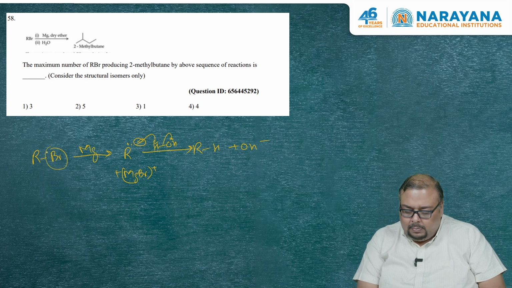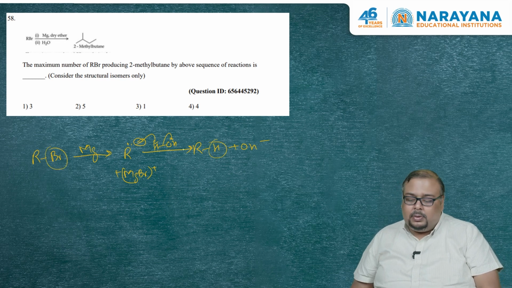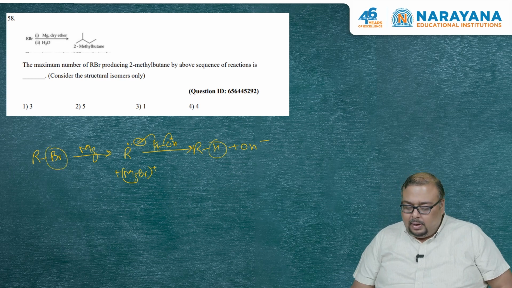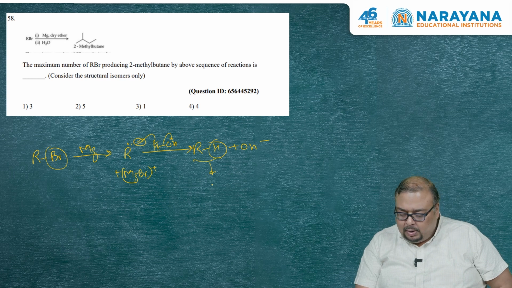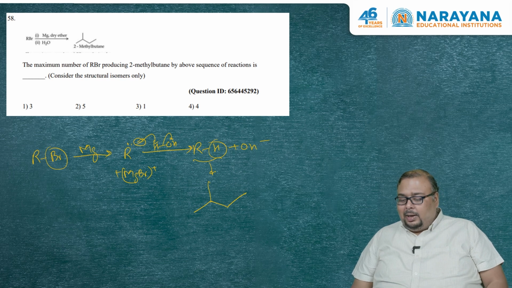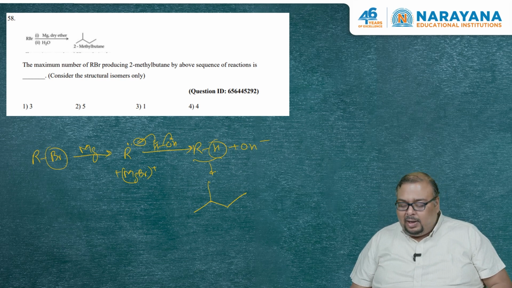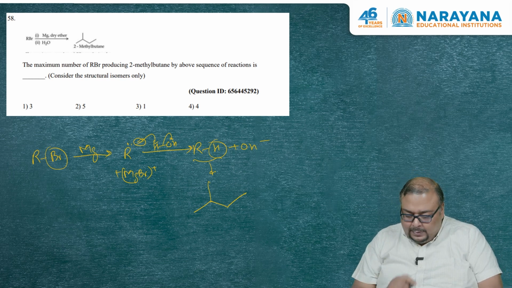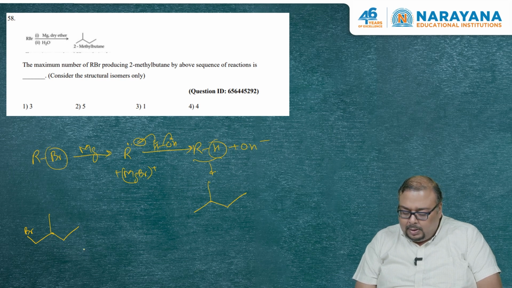So basically bromine is finally substituted by hydrogen, and this corresponds to 2-methyl butane. So which alkyl halides will give this, and they are only asking for structural isomers. Let us see what the possibilities are. One is this one. If you replace bromine by hydrogen, you will get 2-methyl butane.